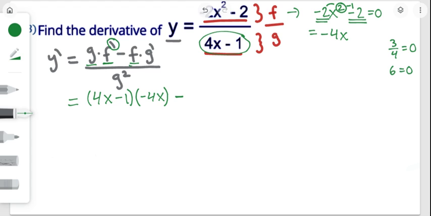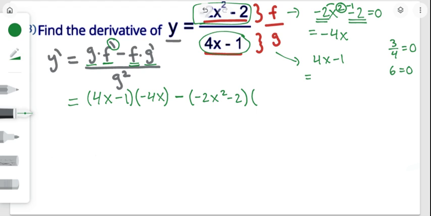Then we simply take this term f and substitute it instead of f. So open a bracket, negative 2x squared minus 2, closing the bracket, times the derivative of g. Now we need to find the derivative of g. This is g, 4x minus 1.